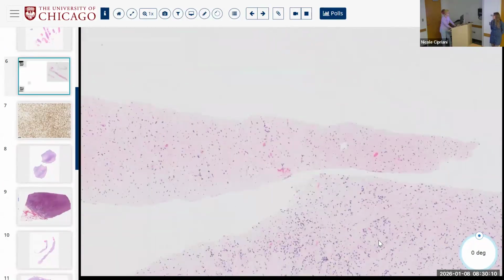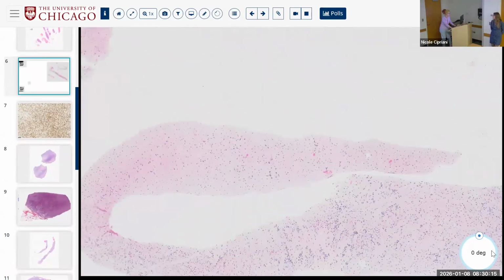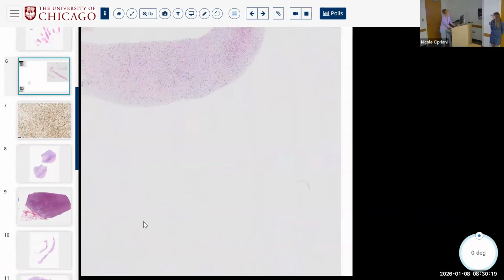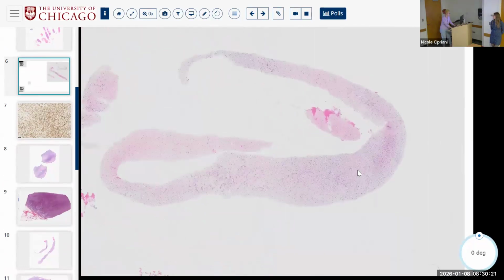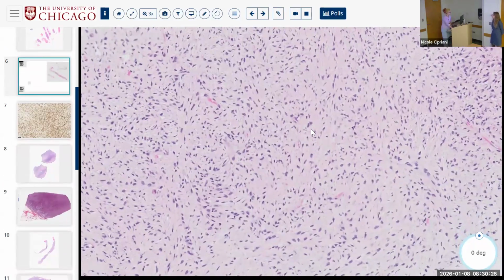We have some paucicellular areas, some a little bit more cellular, moderately cellular areas. However, the cells are relatively bland, spindle looking.